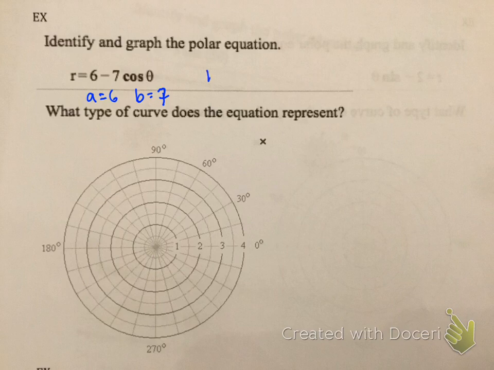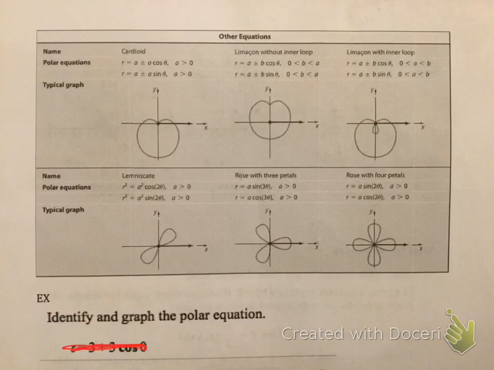So what's bigger? So B is greater than A. So if I look at the graph, and we can quickly go back to a clean one here. If I look at this and say that B is greater than A, I have a limacon with an inner loop. Sorry, I thought that was a highlighter. There we go. So it's a limacon with an inner loop. So we know that my graph is going to look like this.